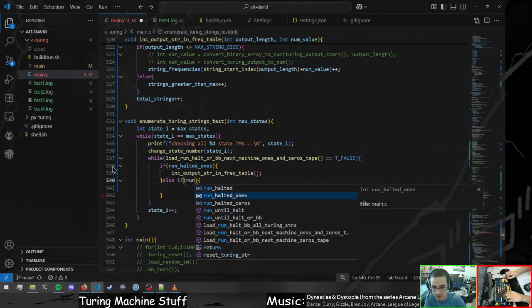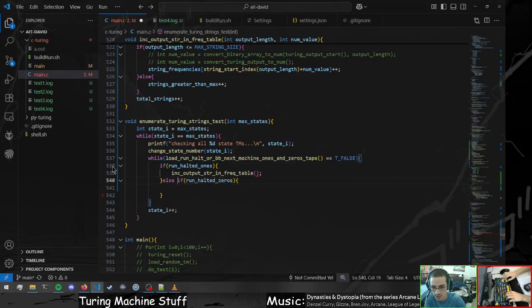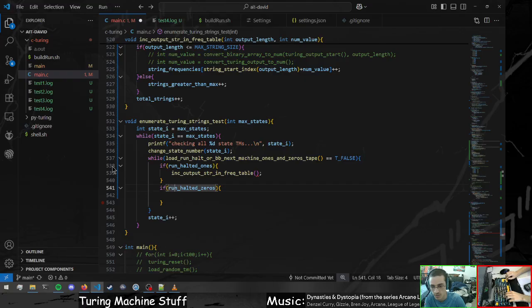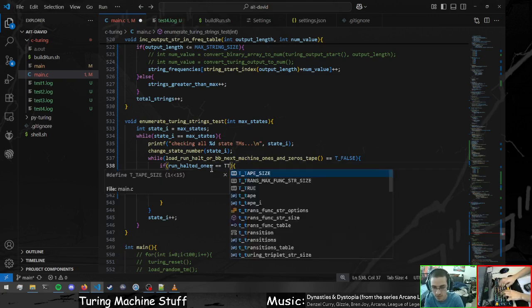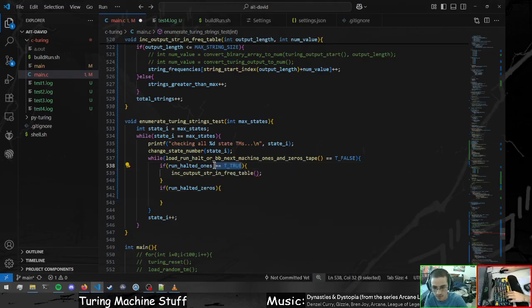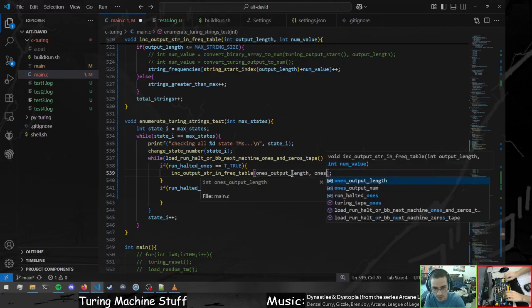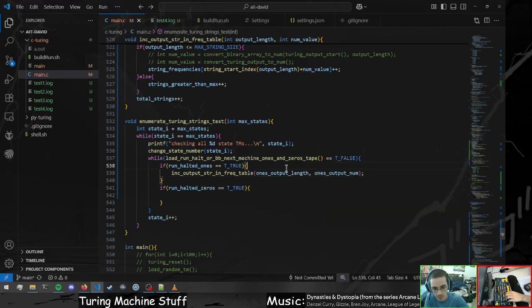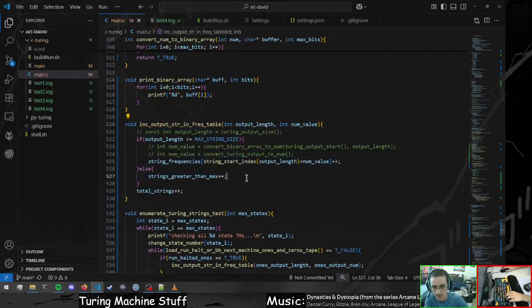Else, if run halted zeros, we're not gonna do else if, we're just gonna do this. So if it halted, if the ones halted, we are gonna do the ones output length and the ones thingy, which also this right here.